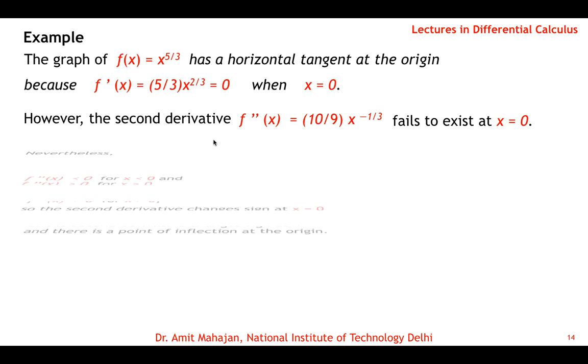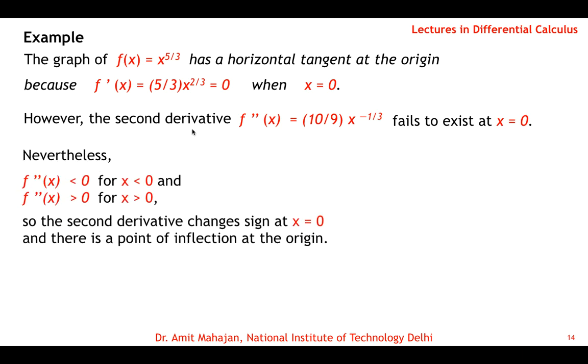So I check the concavity on both sides of the origin, that is, for x less than 0 and for x positive. The second derivative is negative for x less than 0 and positive for x greater than 0.